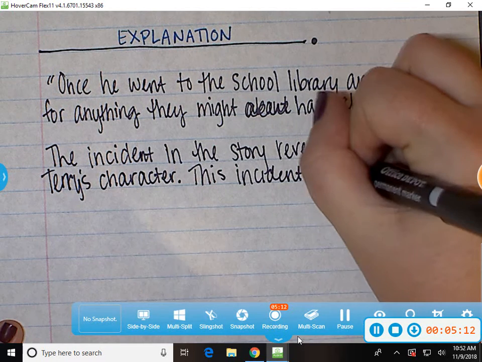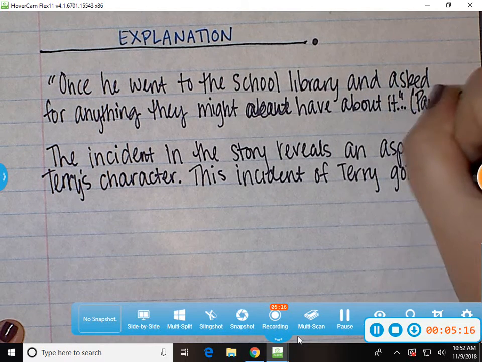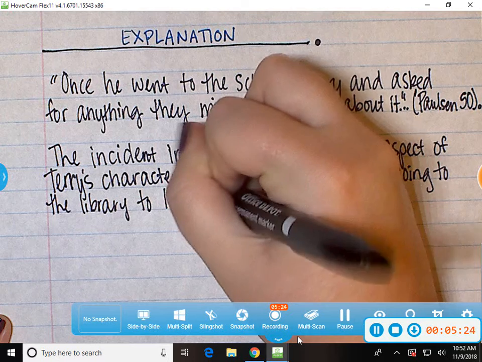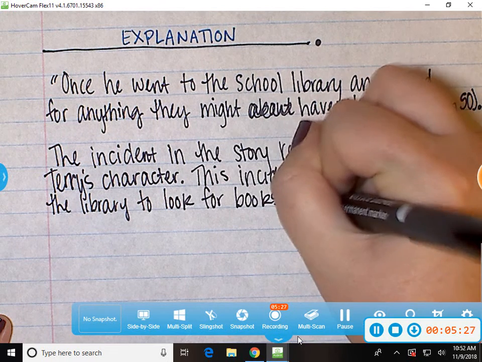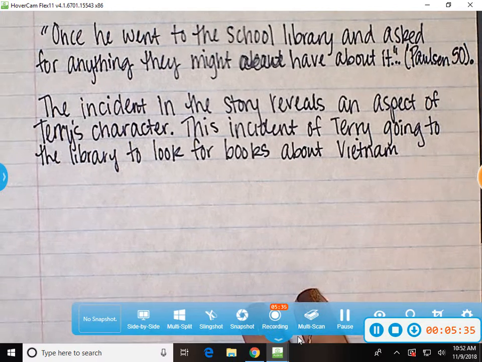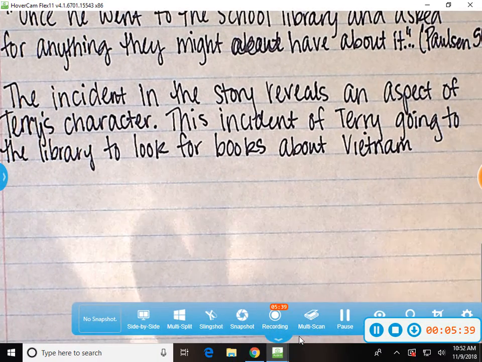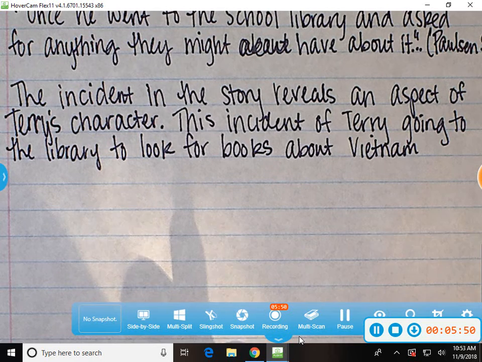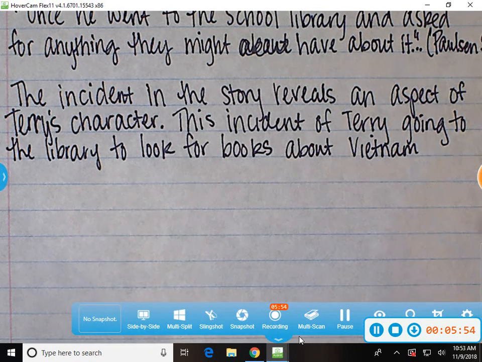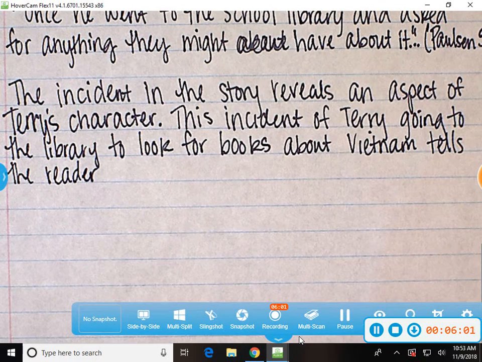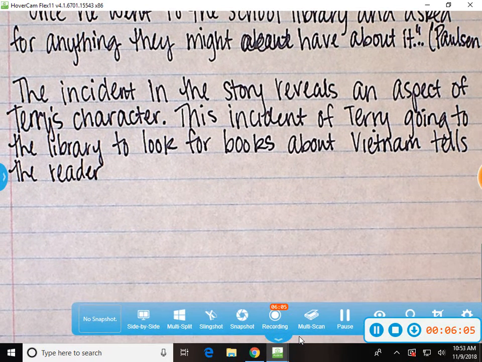So the incident of Terry going to the library to look for books about Vietnam tells the reader, what does it tell the reader?